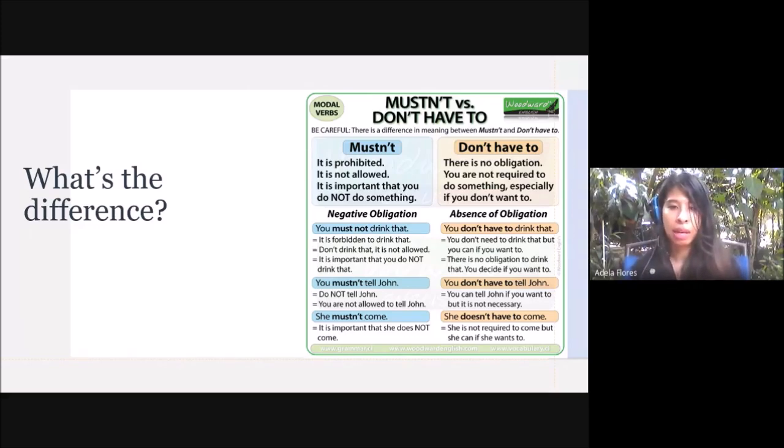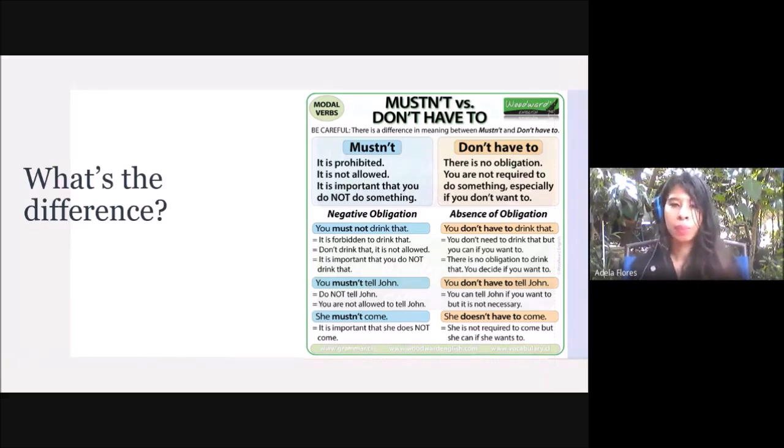We have other examples like you mustn't tell John or you don't have to tell John. Cuando decimos you mustn't tell John es como no le vayas a decir. Y you don't have to tell John es como no le tenés que decir. O sea, si le decís, bueno, pero si no, o sea, no es obligación, no te sientas mal si no le decís.